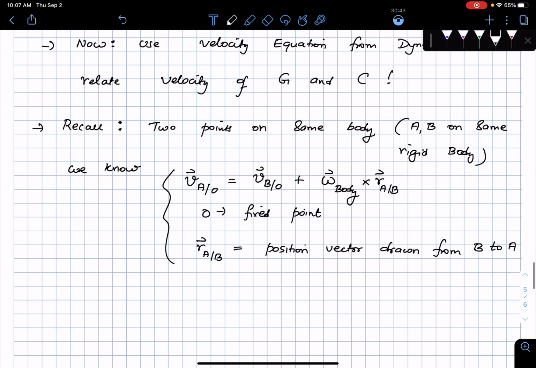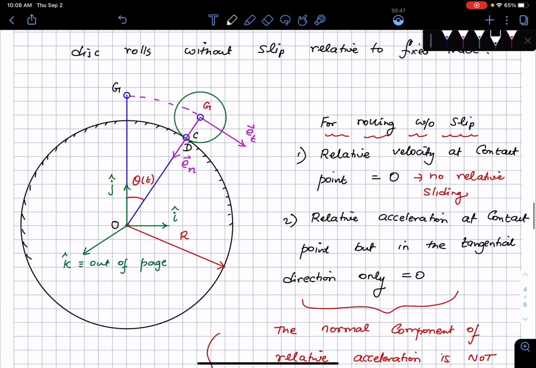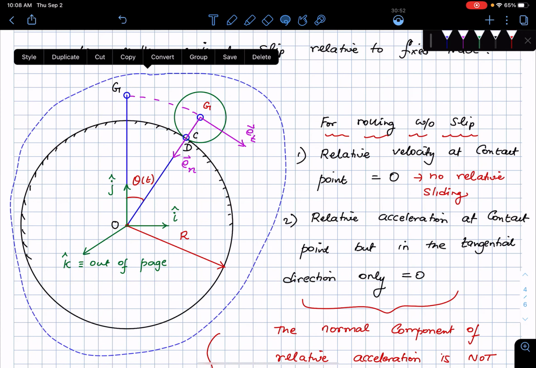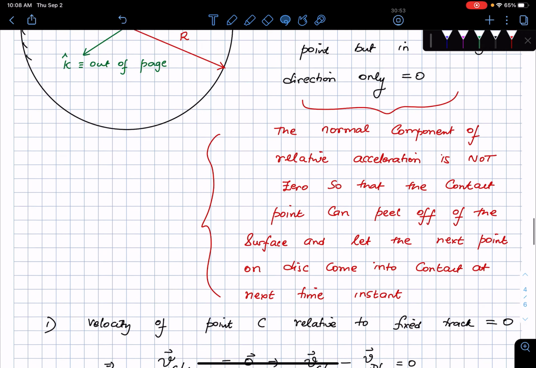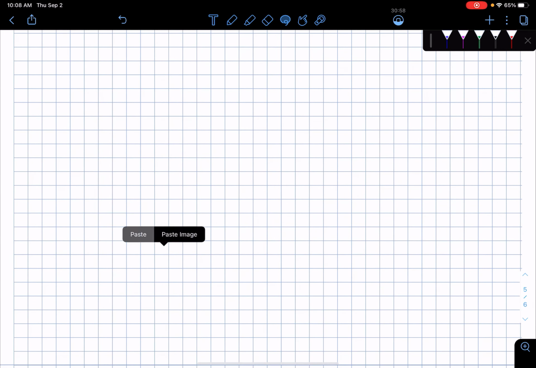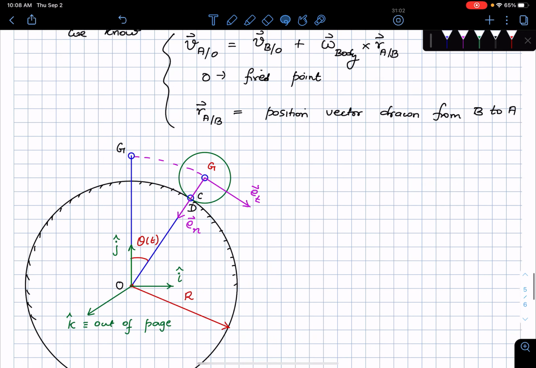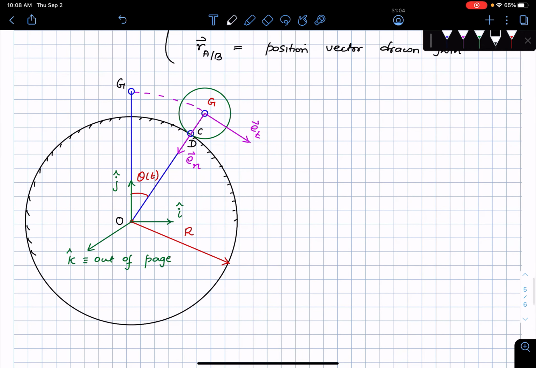I'm going to see if I can do it in this page, or maybe go to the next page and do that. In the meantime, let me also copy this figure and see if I can do it here. Yeah, I think I can probably do it here. All we are doing is the kinematics.